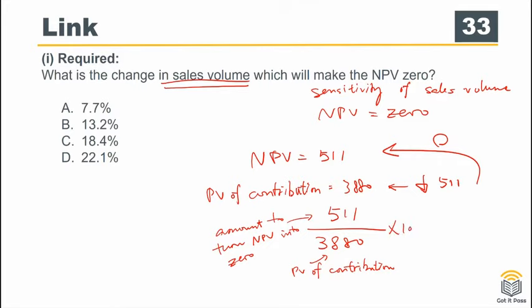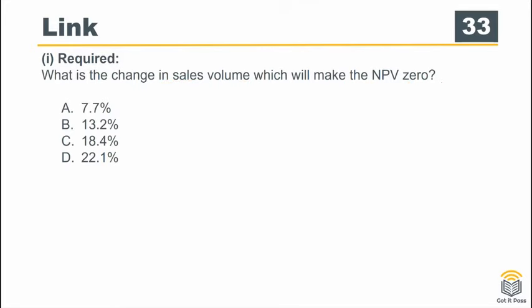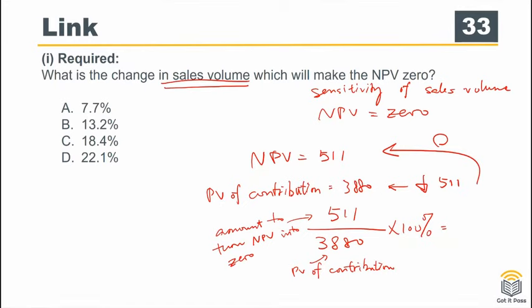Okay, times 100%. Then we got the number for this question is 13.2%. So which is B.